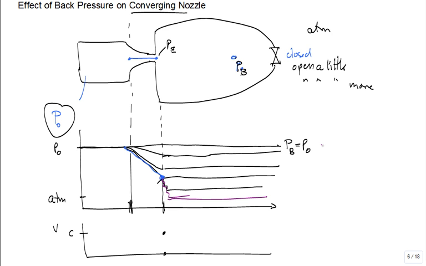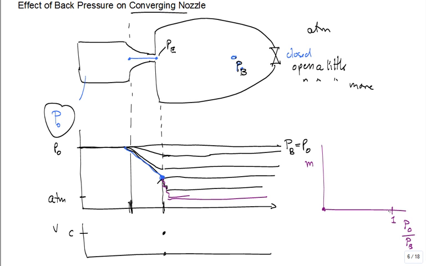Let's plot the mass flow rate. And what happens is we'll plot it as a function of the back pressure to the supply pressure. If you're at 1, there was no flow.